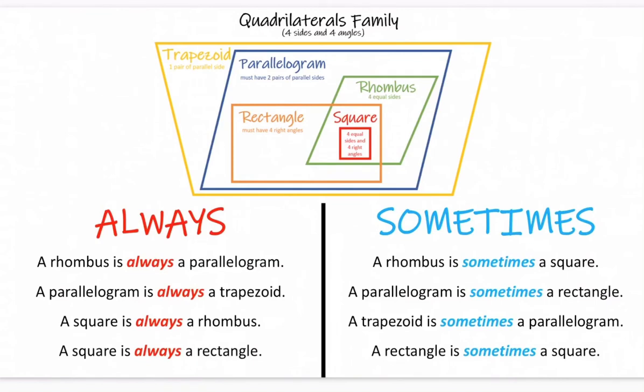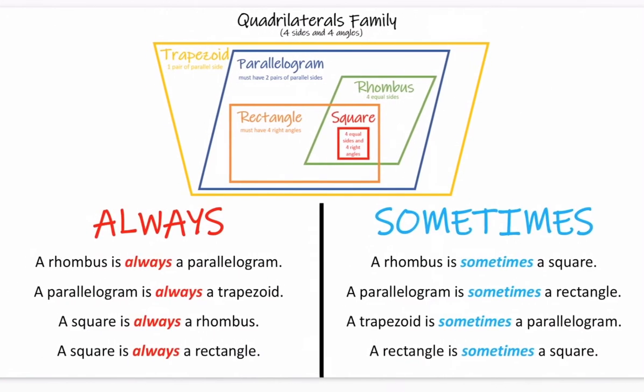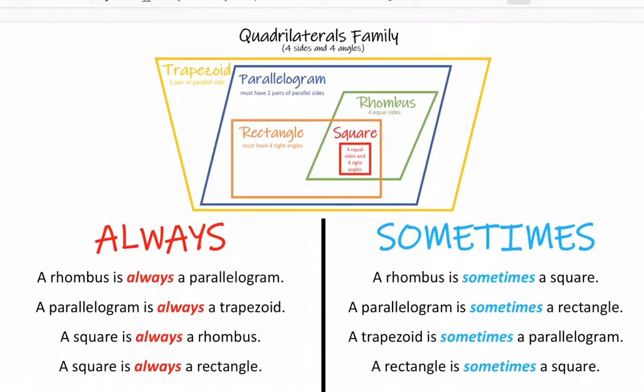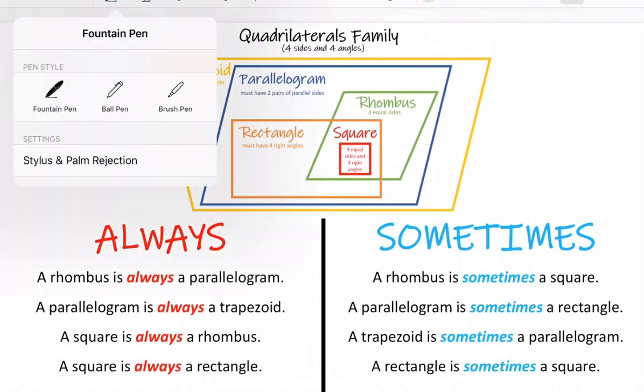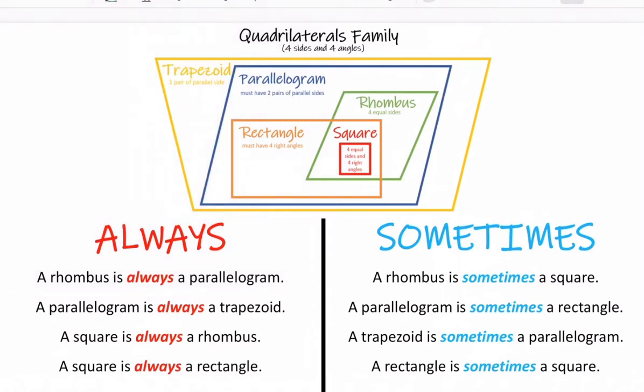Okay, so we're going to keep talking about the quadrilateral family, with the definition of the trapezoid being one pair of parallel sides. Sorry, I should have changed this, but I didn't, and that's okay.